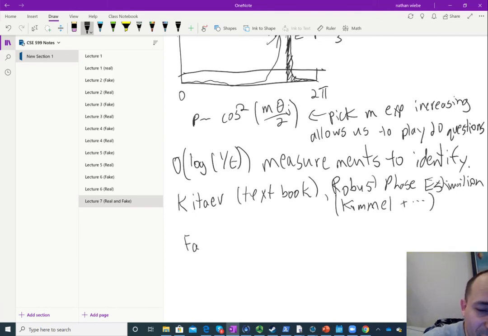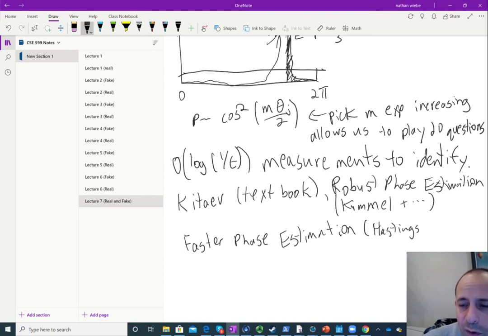And faster phase estimation, which I mentioned before, is another good reference for this, and that is Hastings et al.